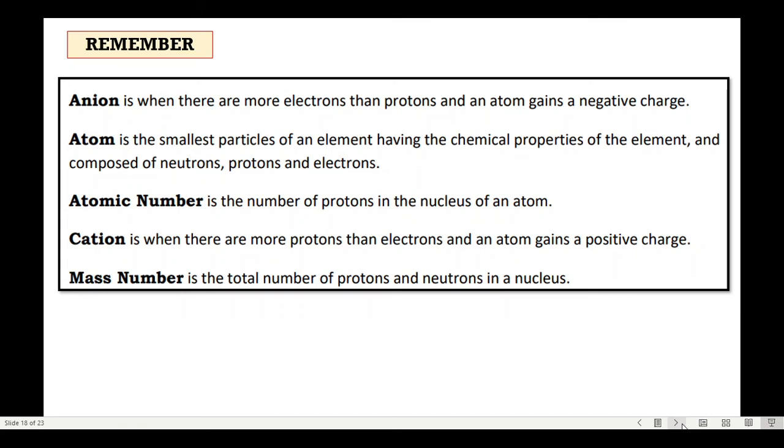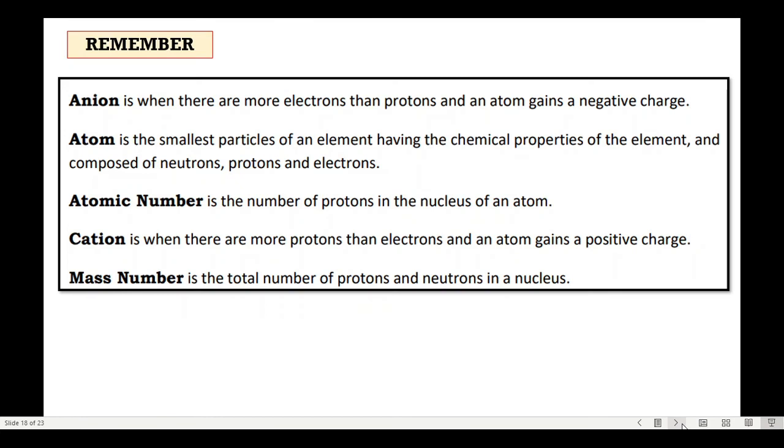While atomic number is equal to the number of protons in the nucleus of the atom. Hindi pwedeng sabihin na 1H tapos sasabihin mo helium yun. No. Kasi 1H, 1 is hydrogen. 1 is atomic number, therefore the proton is 1.